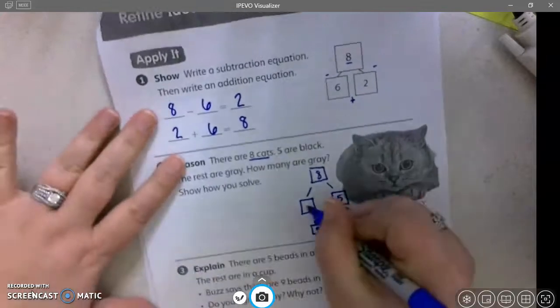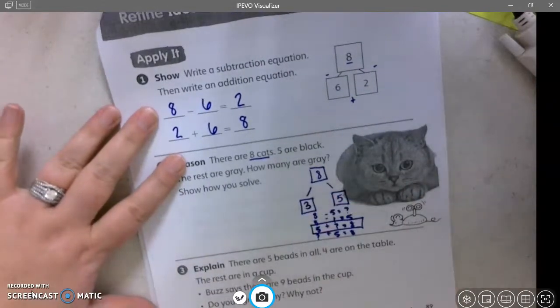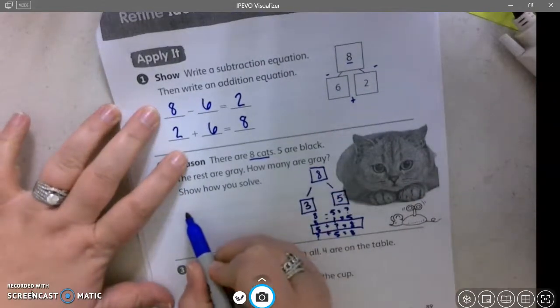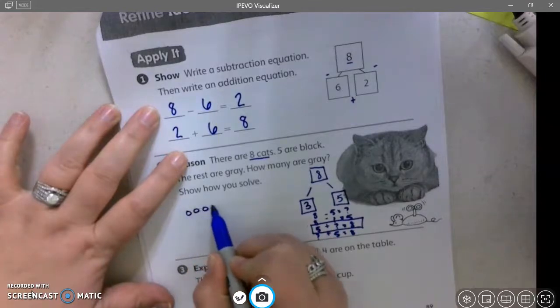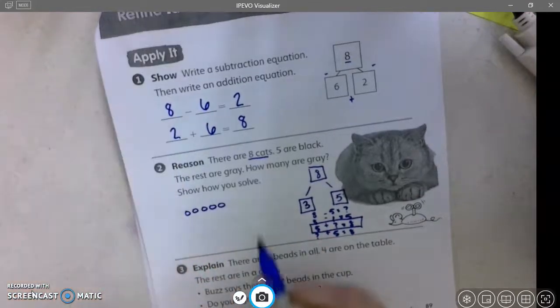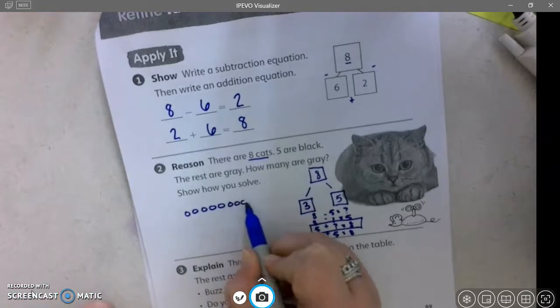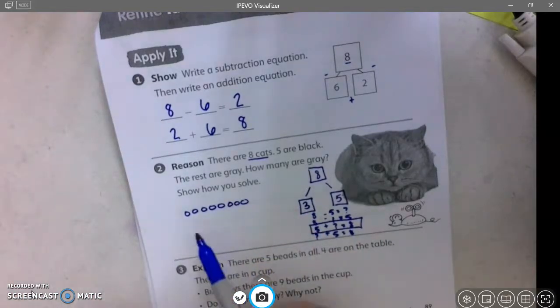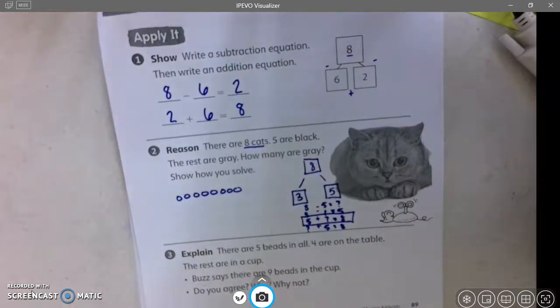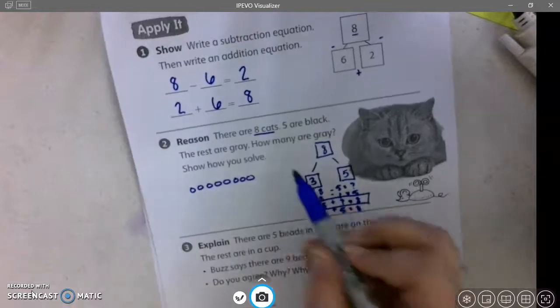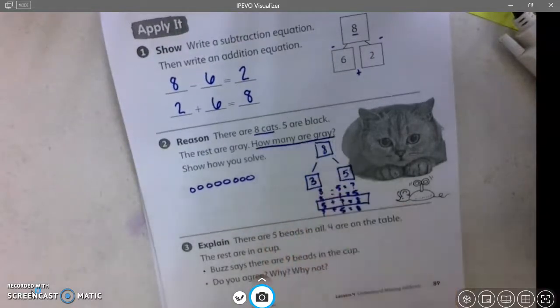So 3 must be my other part. But let me just double check by drawing a picture. If I start with 5, and I add 3 more, let me make sure that I have 8. 1, 2, 3, 4, 5, 6, 7, 8. I have 8.